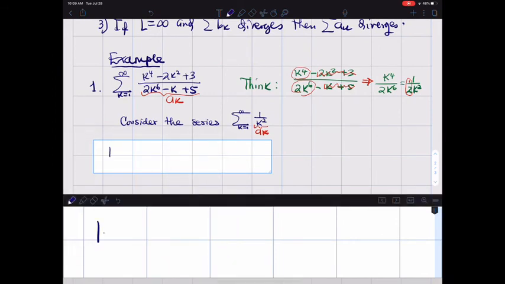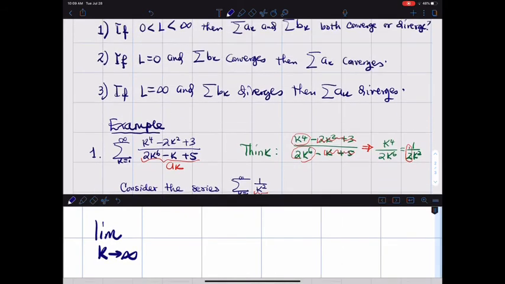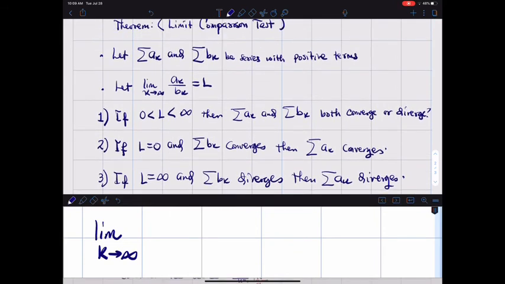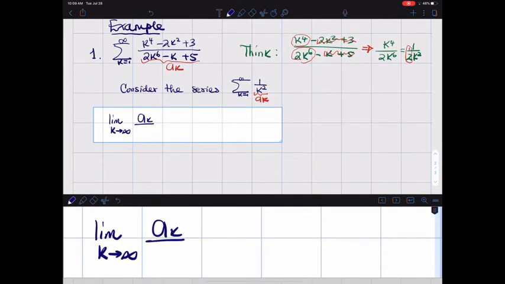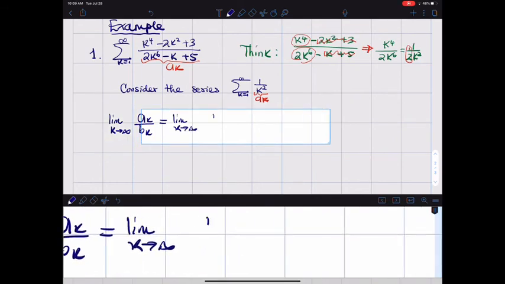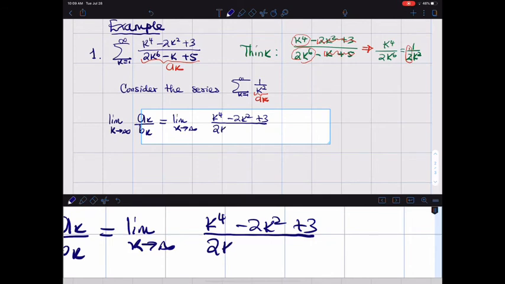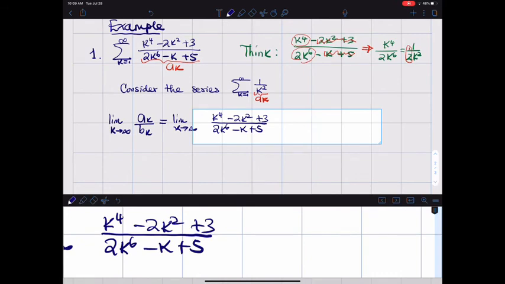For the limit comparison test, we want to find the limit as k goes to infinity of AK over BK. So AK over BK is the limit as k goes to infinity of k to the power of 4 minus 2k squared plus 3 all over 2k to the power of 6 minus k plus 5, divided by BK.